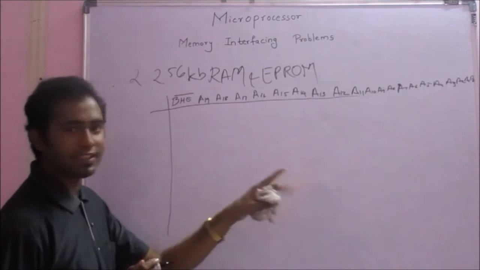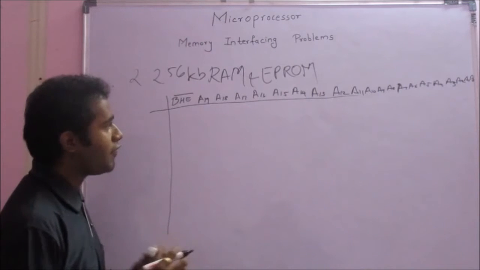So these are the 20 lines along with BHE, and now we have to map these.